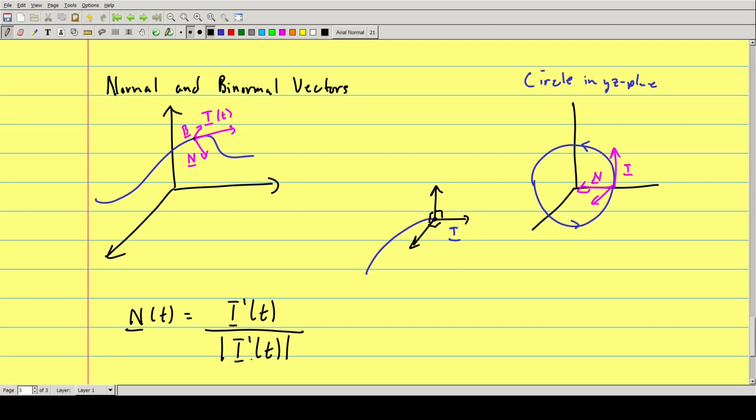So the tangent vector is the direction of the velocity. It is not the magnitude of the velocity, because we normalize it. The normal vector tells us the direction of acceleration for the curve, assuming that the curve is turning.